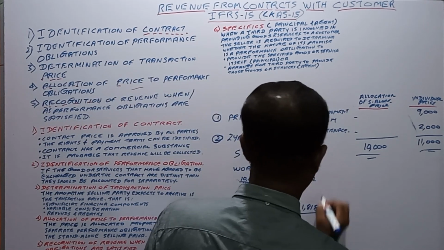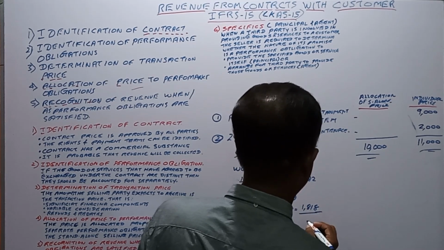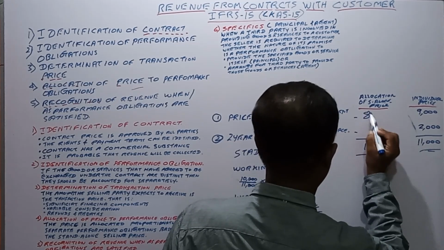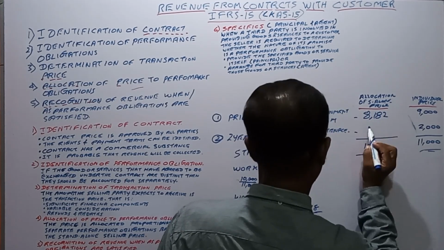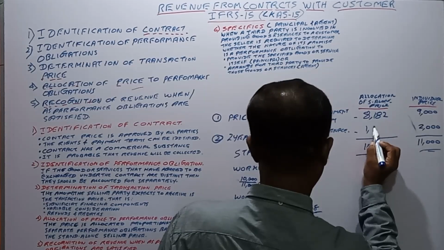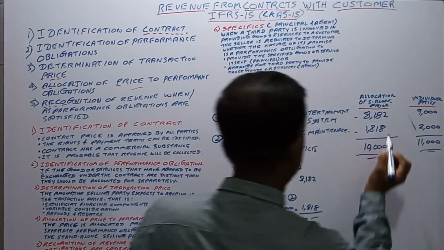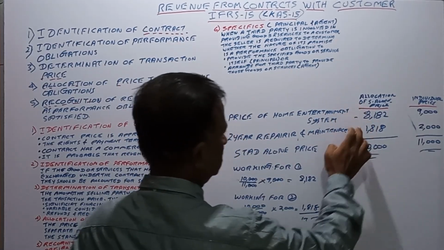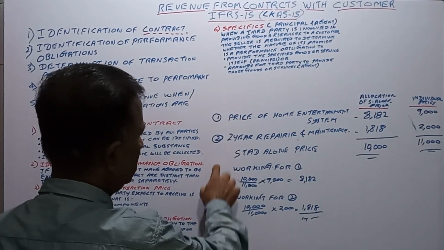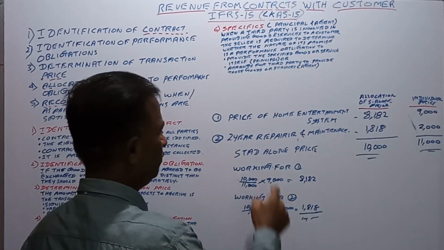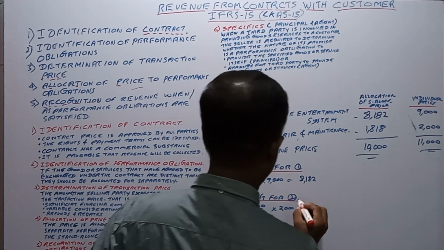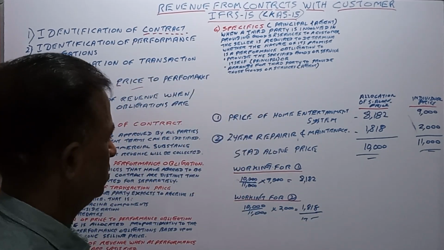So the total is 10,000, made up of 8,182 and 1,818. This is the price allocation for the individual components, component 1 and component 2.